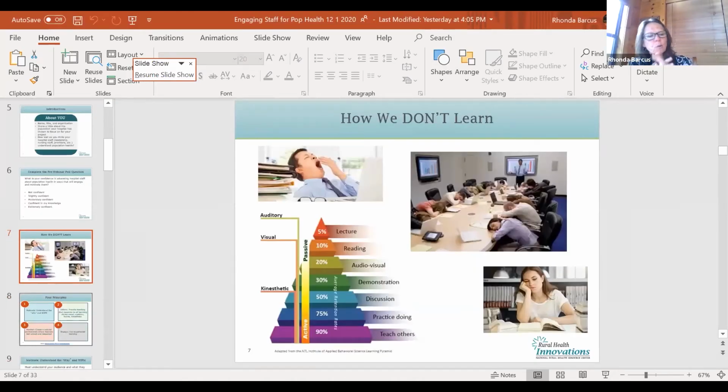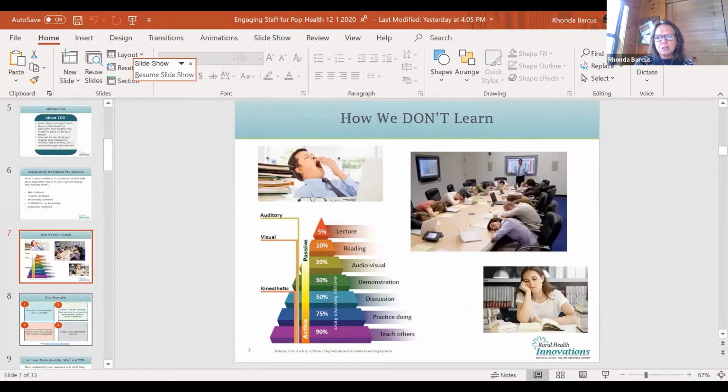All right, so how we don't learn. We know this is very true, that long, endless PowerPoints where somebody just talks at us are not very helpful in learning. You can actually see this pyramid that describes how we best learn and how we tend not to learn so much.